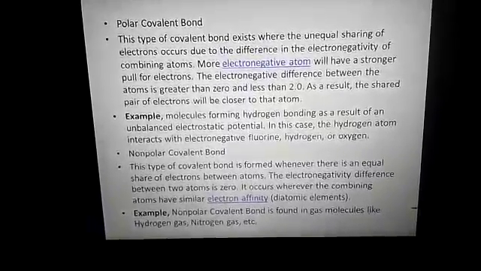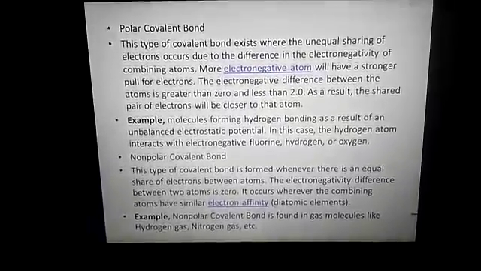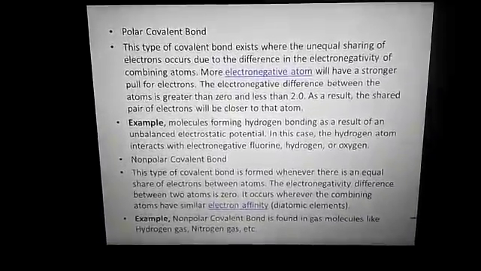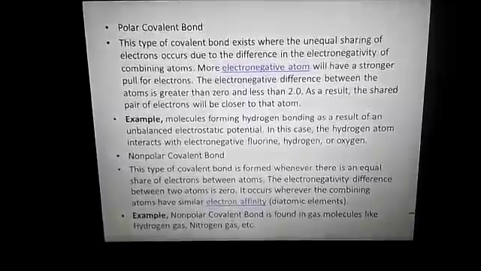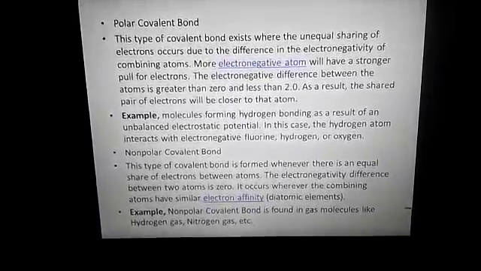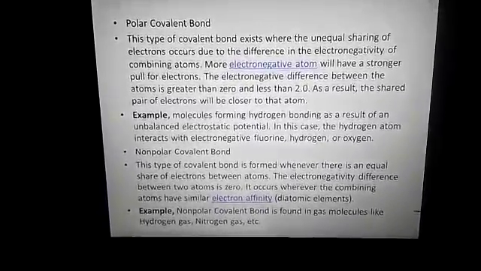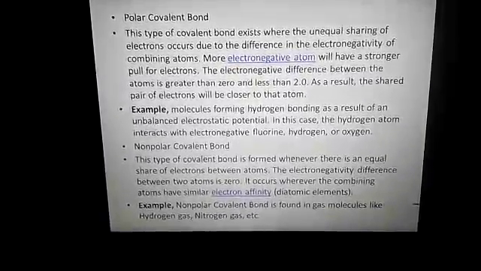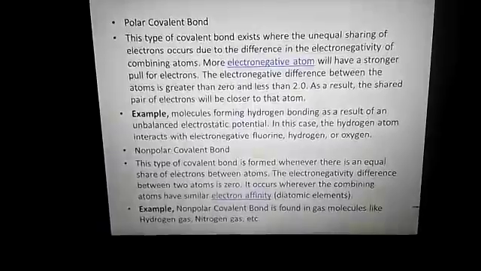But in a non-polar covalent bond, there is equal sharing of electrons between the atoms. Here the electronegativity difference between the two atoms is 0 and no charge separation takes place, so it is electrically neutral.